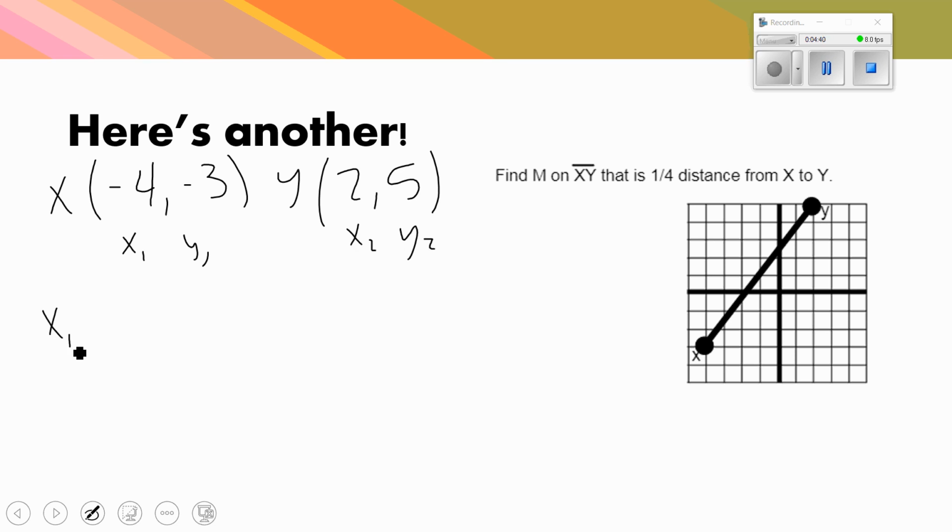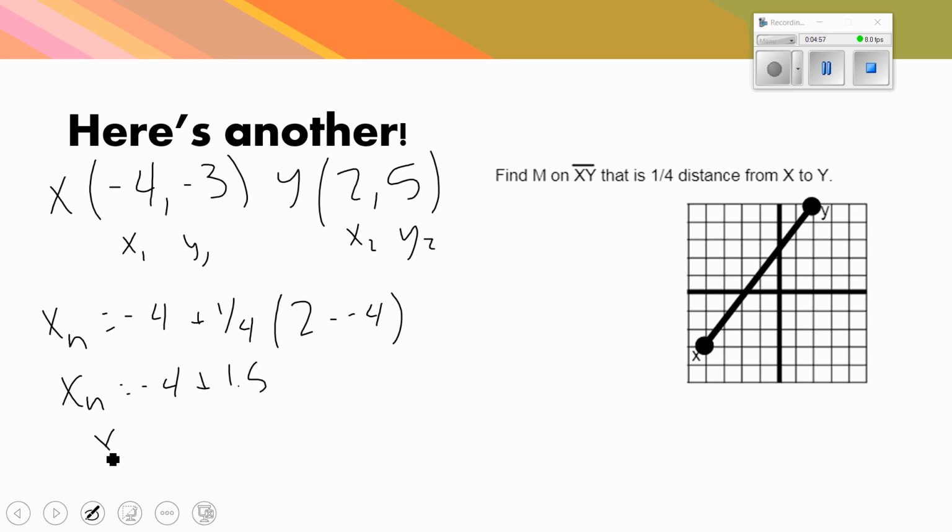Our x new equals x1 plus the fraction of x2 minus x1. X new is equal to -4 plus 1/4 of 6 would be 1.5, and x new would be at negative 2.5.